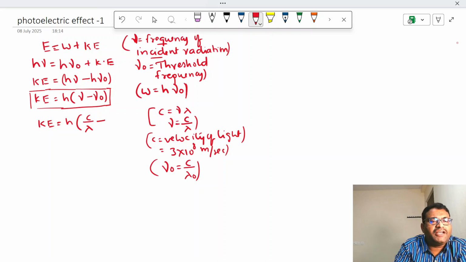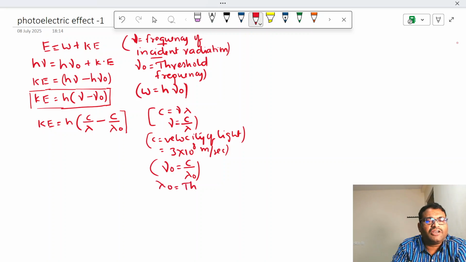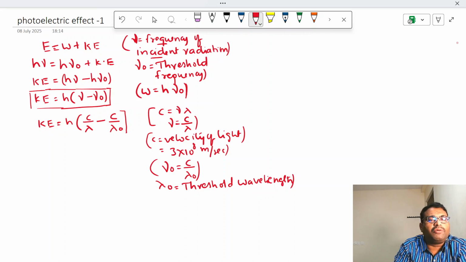Where lambda is the wavelength of incident light, whereas lambda naught is the threshold wavelength. What is lambda naught called? Threshold wavelength. The minimum wavelength required for the electron to come out of the surface is called the threshold wavelength. So kinetic energy is equal to hc into 1 by lambda minus 1 by lambda naught.